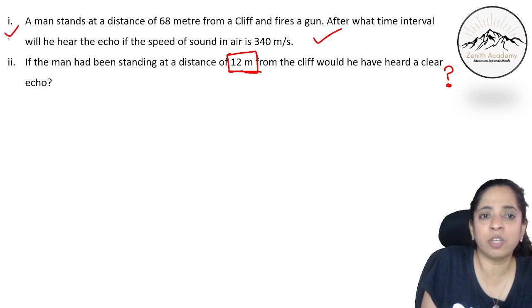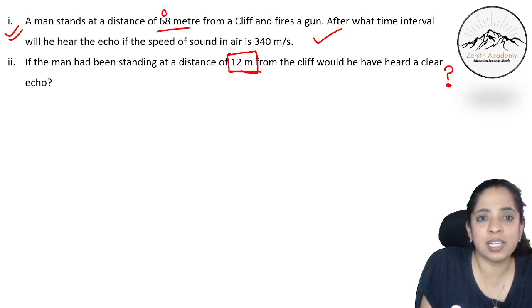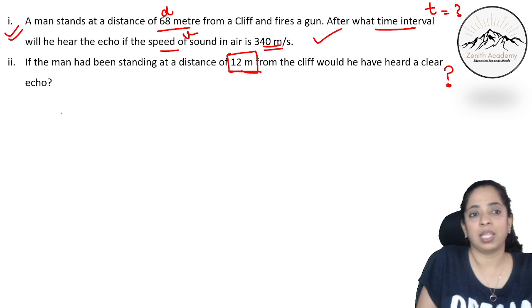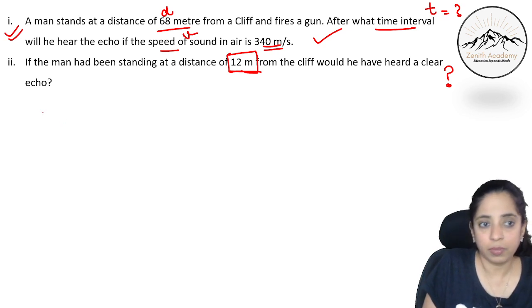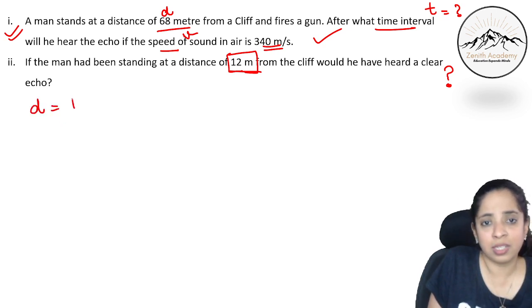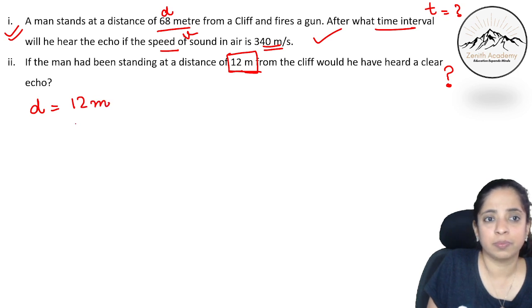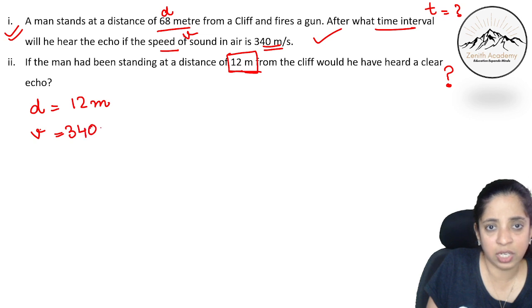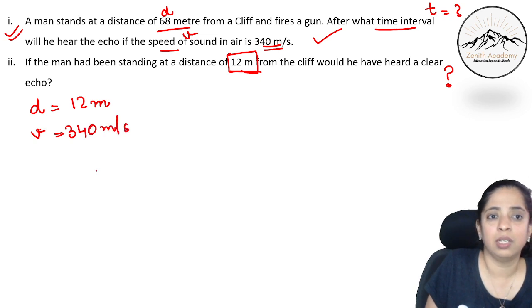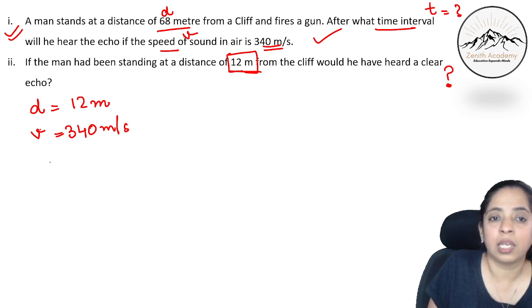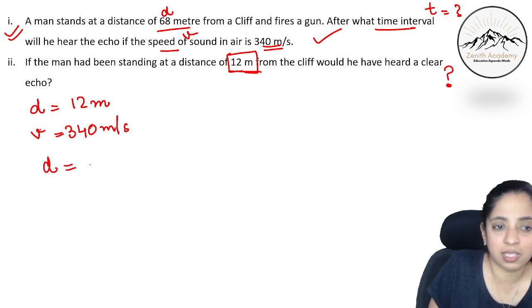Now the first one I think you can do. This is the distance, time is asked, speed is given. So the first one you will do. The second part I am doing. In the second part also the distance is 12 meter. Speed of sound we know. In this question it is already given, 340 meter per second, because the speed of sound will not change for this man. Now we have to calculate the distance.